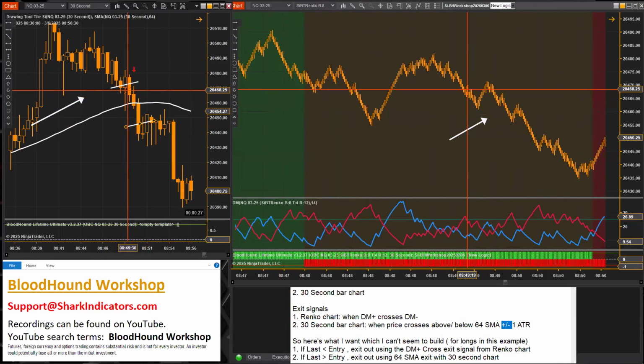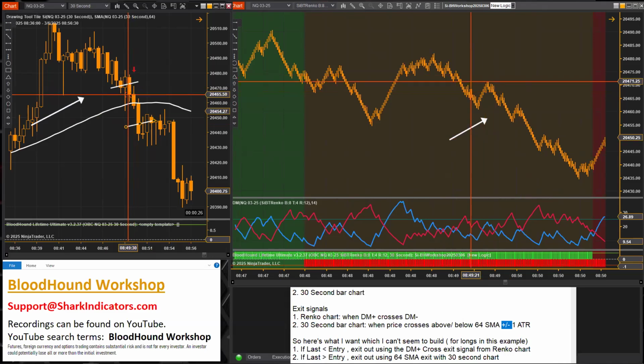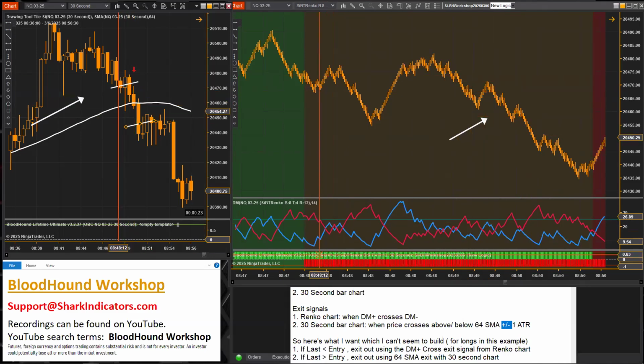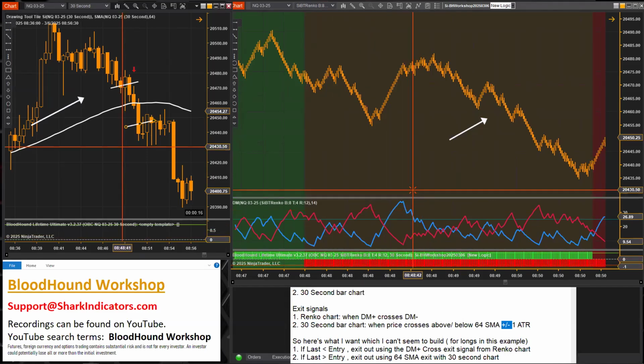So when the closing price is inside of these two ATR offsets, you're going to get a long and a short output together there.